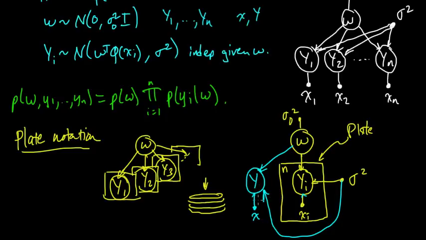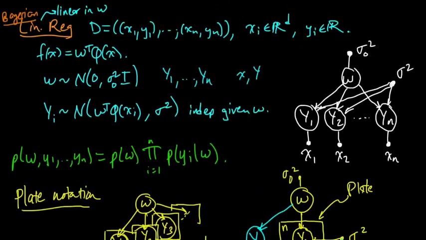And now we would like to be able to distinguish between random variables which are conditioned on and which ones are not. In our setup, when we're doing linear regression, we get to observe the values of these y's. We observe that y1 equals little y1, and so on, yn equals little yn. And when we do our inference, we do the inference conditioned on the data. We condition on the fact that these y's take these particular values.